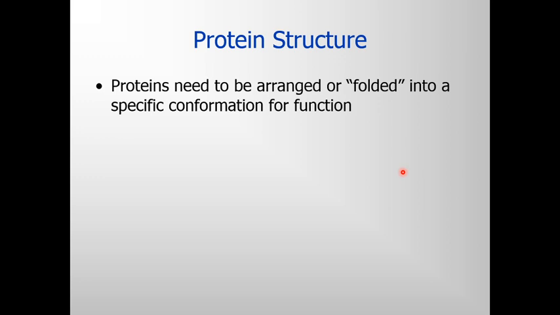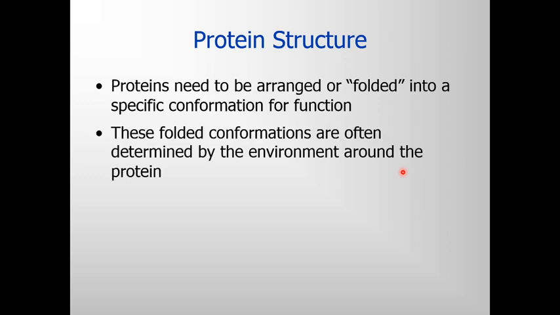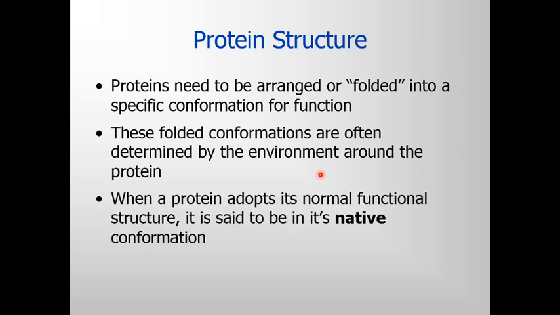And this is the thermodynamically and energetically stable conformation that a protein can adopt. And these folded conformations are often determined by the environment around the protein. When a protein adopts its normal function or structure, it is said to be in its native conformation.